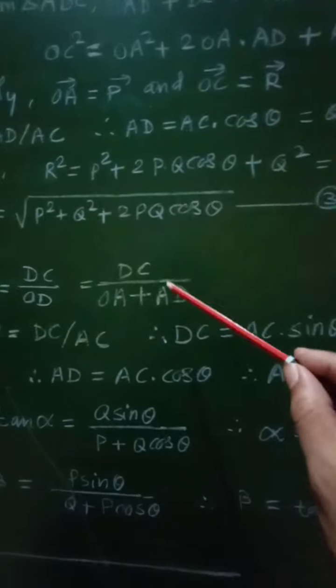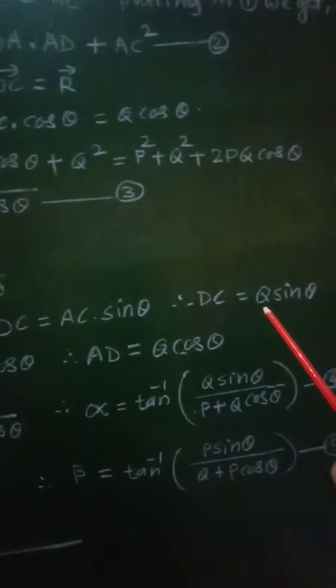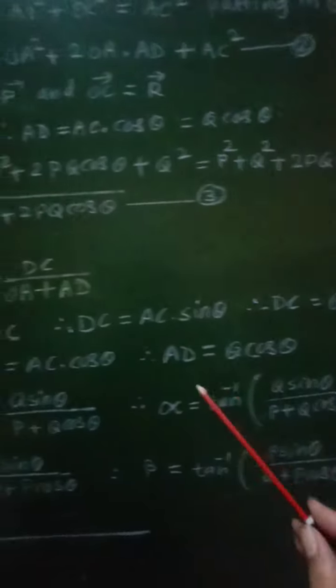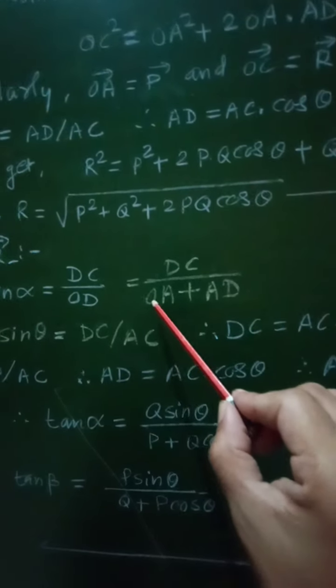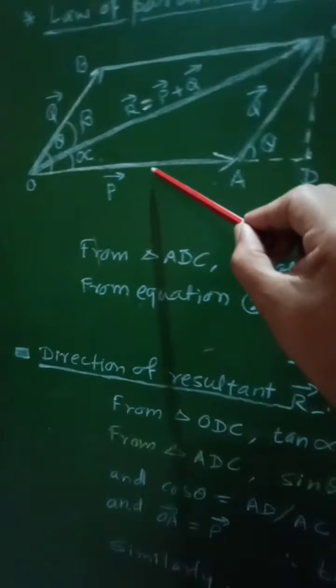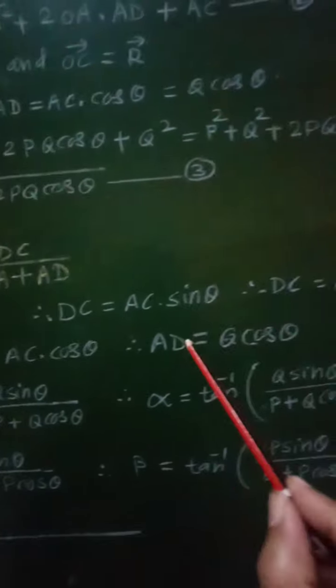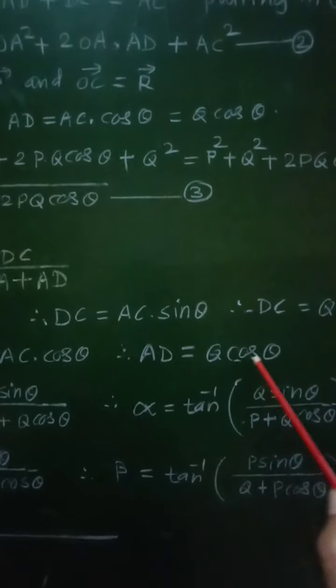So we have got DC equal to Q sin theta. Then OA is nothing but P, and the second term, AD at the denominator, will be equal to Q cos theta.